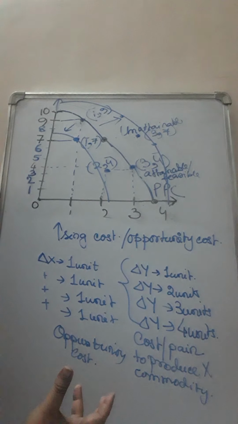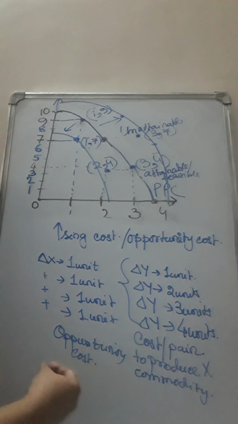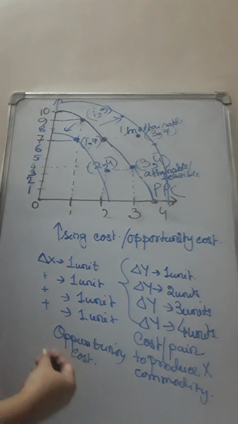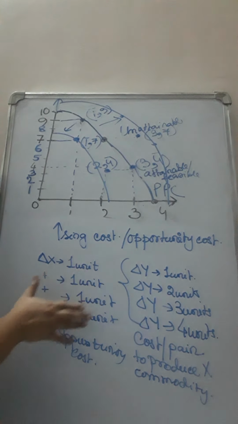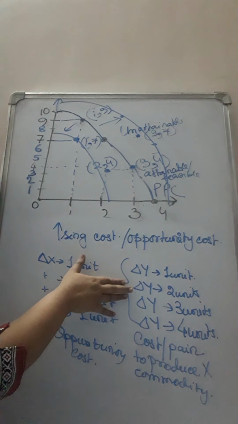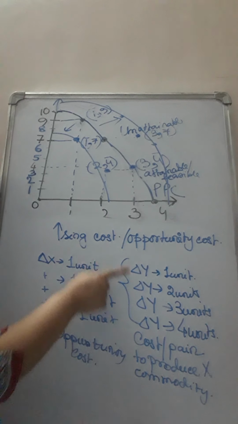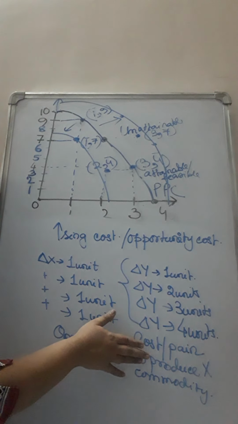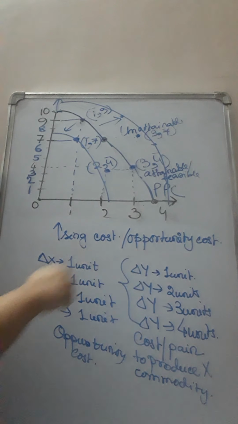When you buy any good with money, if you have to give more money, you feel the cost, it is costly. You are sacrificing more money. Similarly, here to produce X, we are sacrificing Y by more and more units, and it is not constant. And because this increasing cost operates, we get a concave curve.